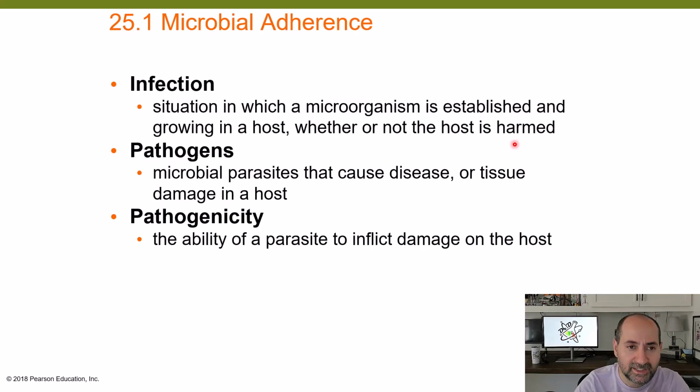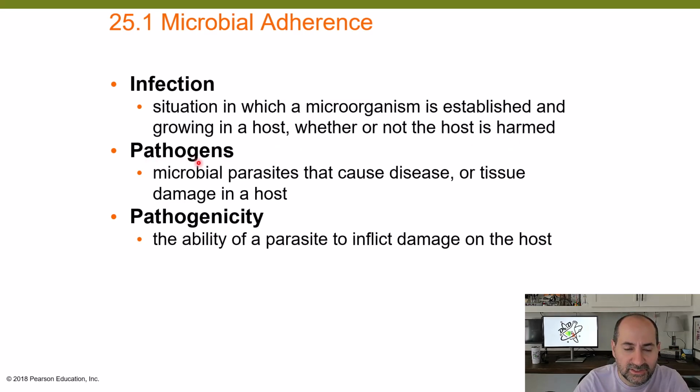So keep in mind that when you have an infection, it could be totally asymptomatic, or you could be sick. The organism growing within the host is necessary and sufficient to have an infection, not necessarily whether you are harmed or you get sick.